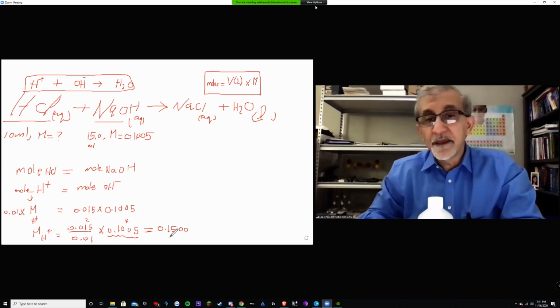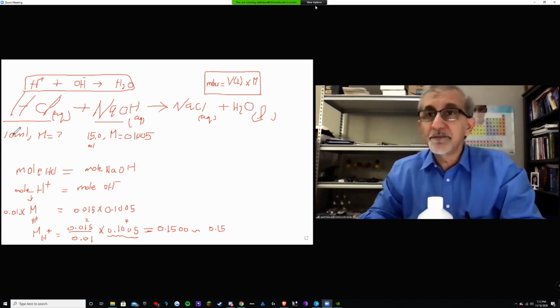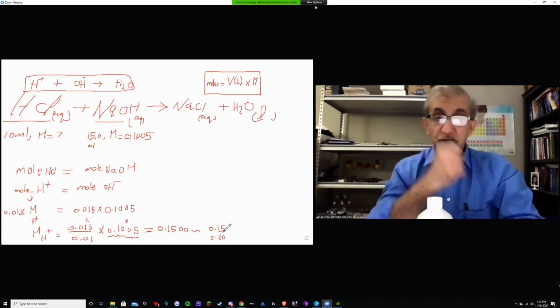So trimming down that value, we would limit it to reporting either 1.5 if you hold that 0 as precise, or if you assume 0 is not precise, let's say you measured 9 milliliters, for example, or not necessarily 10, or a value of 0.2, which means you lost precision.